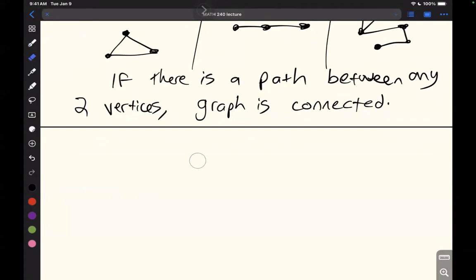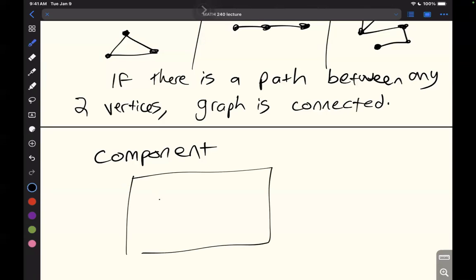There's a notion of components, which is just how many things in one piece there are. If we assume our graph is that one we had earlier, how many components does this have?